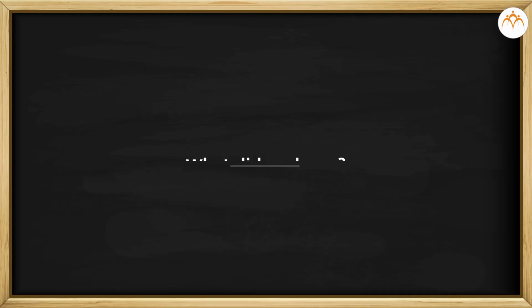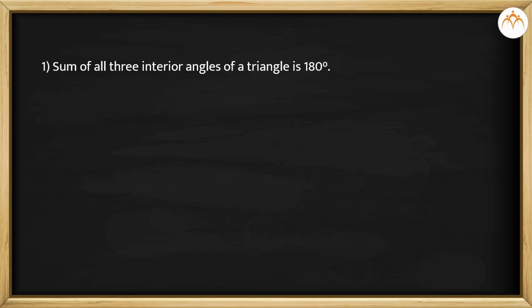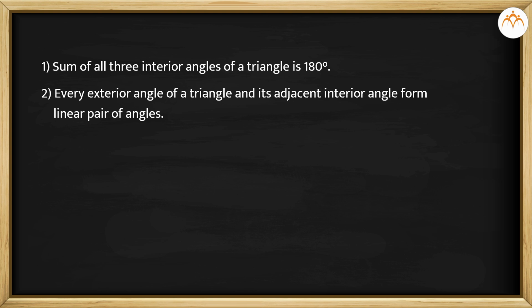What did we learn? Sum of all 3 interior angles of a triangle is 180 degree. Every exterior angle of a triangle and its adjacent angle form a linear pair of angles.